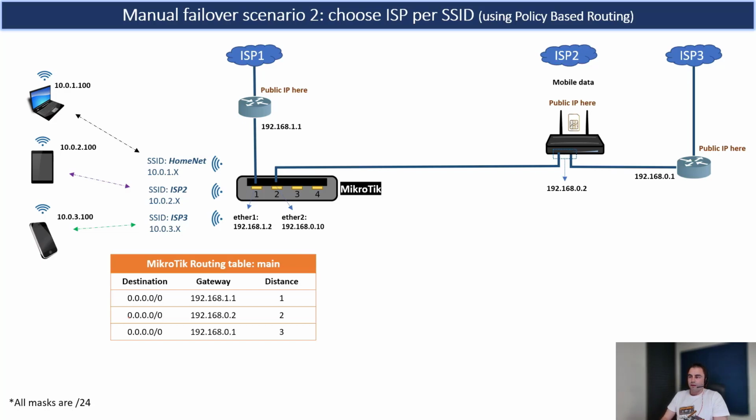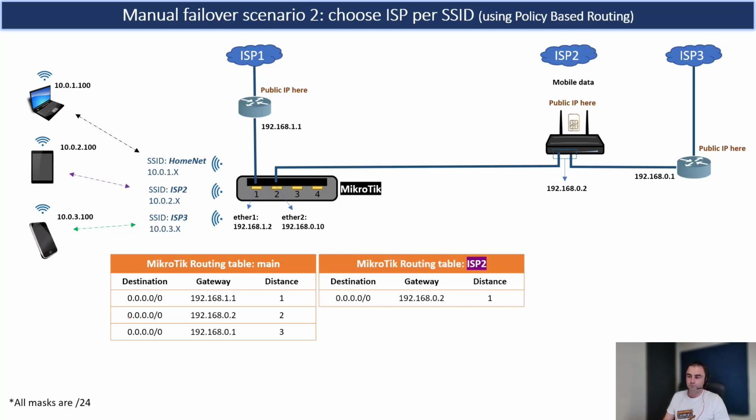So now I'm going to use this concept of creating another routing table. And this routing table has a name. I am going to call this routing table ISP2. So you see, this is the routing table main, and this is the routing table ISP2.